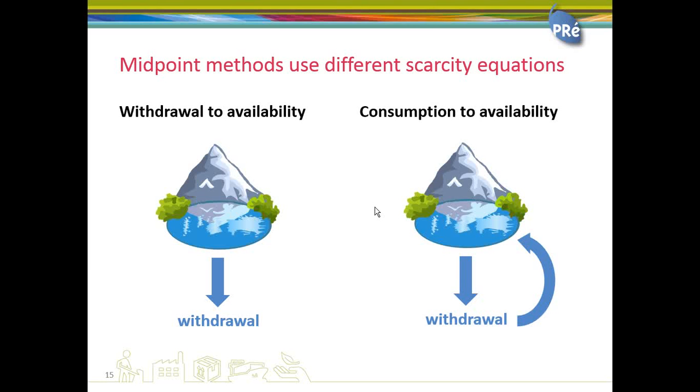But essentially, the consumption to availability ratio takes into account only the water that is being used. The data they use for water availability takes into account water that is returned to the water body, whereas the withdrawal to availability ratio takes more into account absolute values of withdrawal and does not look at returned water that comes afterwards.